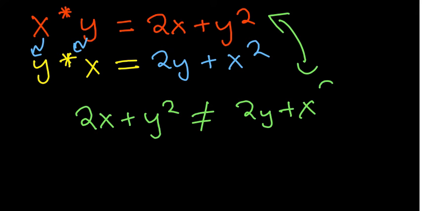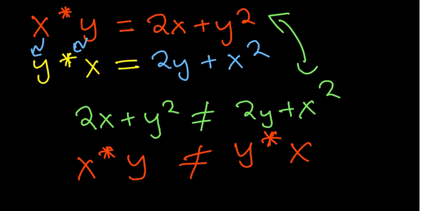The result is definitely different. Very, very different. Okay? So we'll conclude to say, since x star y is not equal to y star x, it is therefore not commutative. Therefore, the binary operation is not commutative due to that very fact.